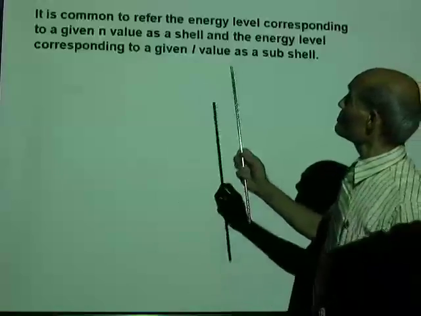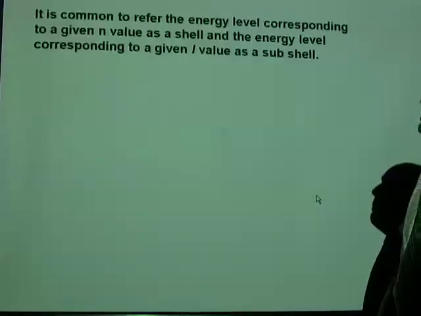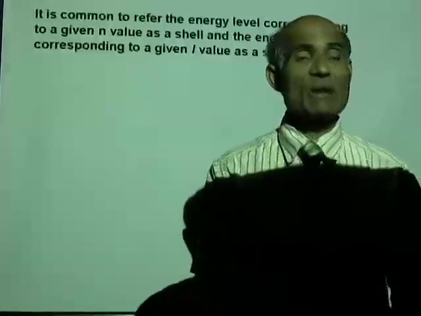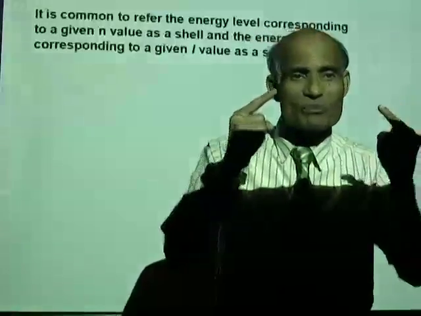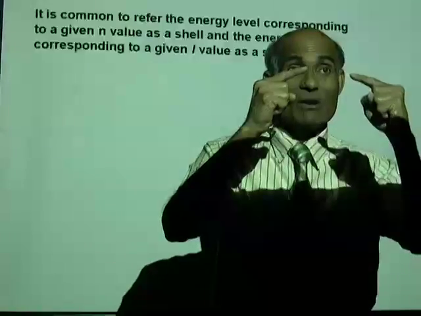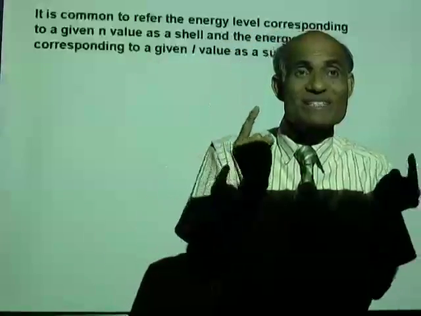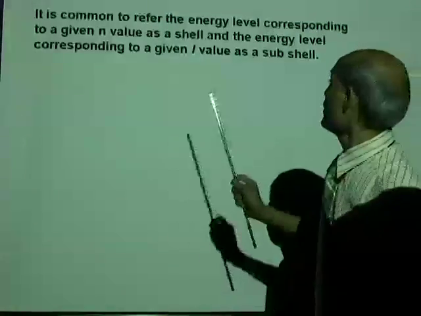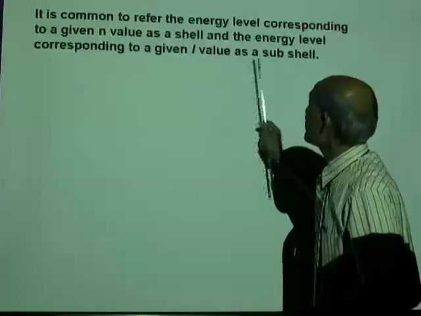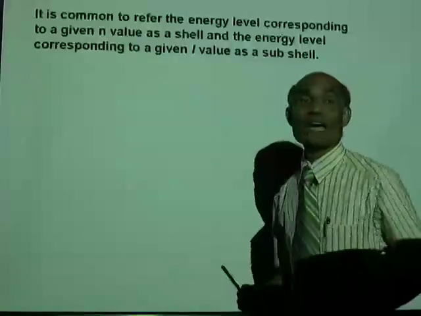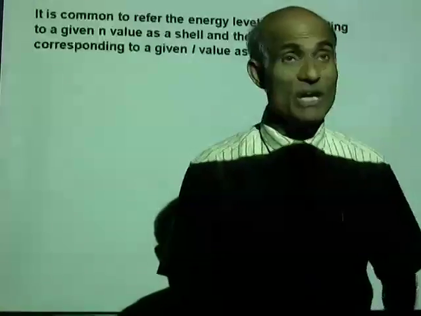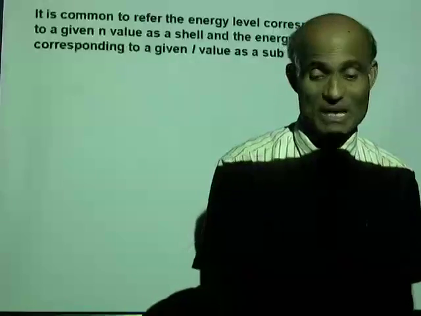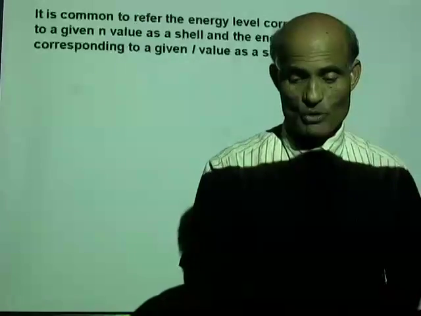Now, it is common to refer to the energy level corresponding to a given n value as a shell. So n equal to 1 will be the first electron shell, n equal to 2 will be the second shell, and so on. And then there will be subshells corresponding to L values. So there are shells and then subshells, and we will have a look at that.